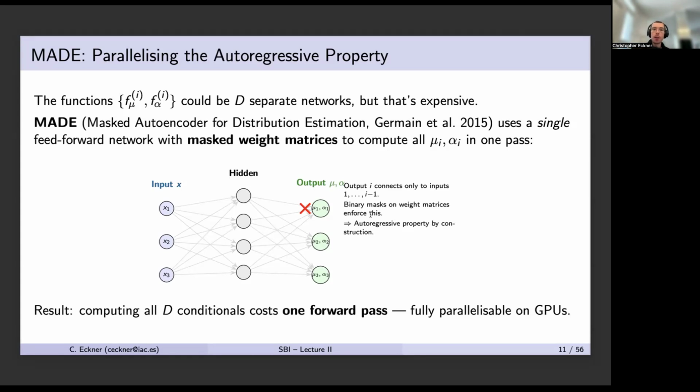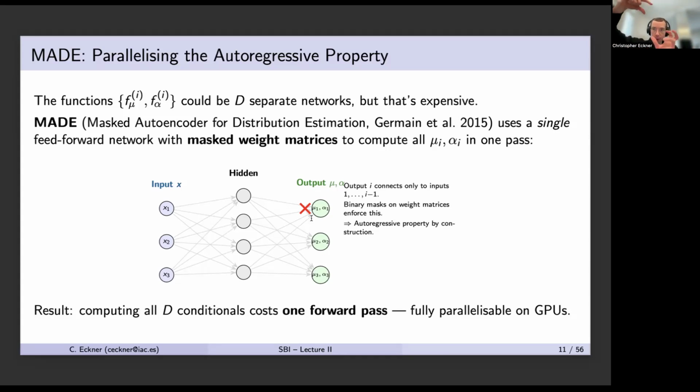So you have this neural network feed-forward architecture, if you want to envision this. And in order to compute the parameters only for the past of a certain variable, you just mask the output one by one for each of the output nodes, so that it can only gain information from nodes that would encode something about the past and not all of the nodes.